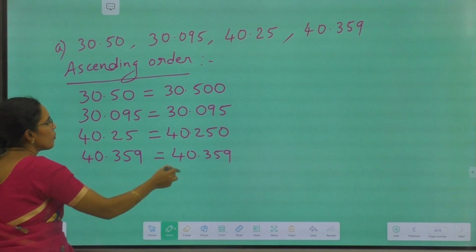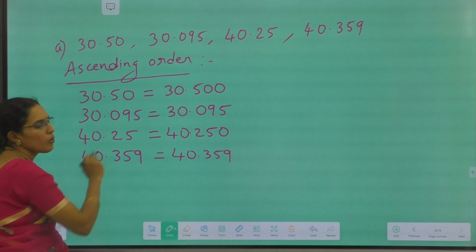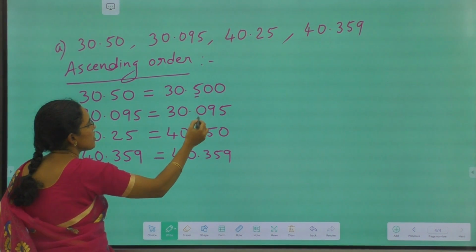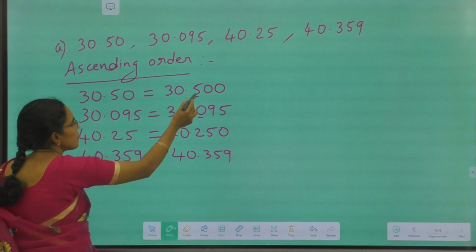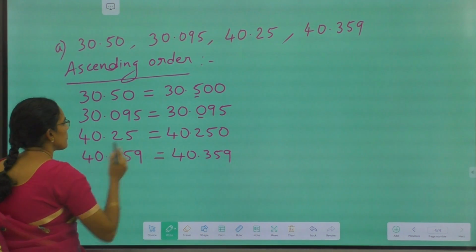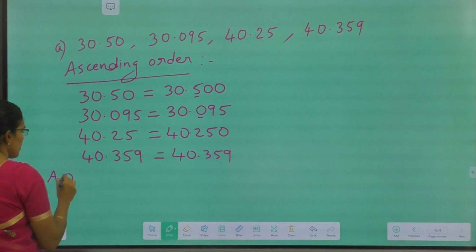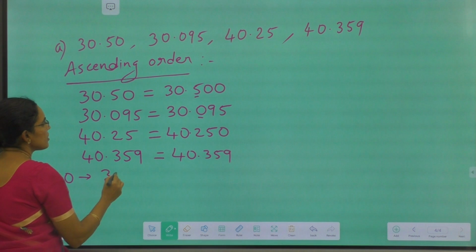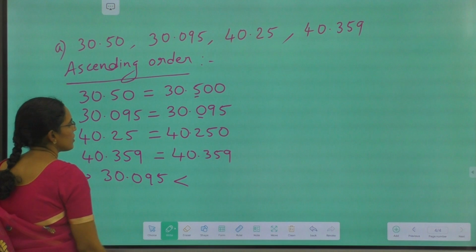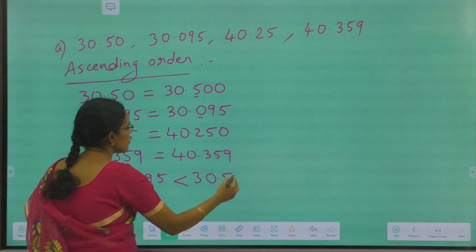Now, first ascending order, small to big. First compare the whole part. 30 is smaller, but 30 appears twice for these two decimals, so the whole part is the same. Then compare the decimal part, that is the 10th place. Here 5 and here 0, which is smaller? 30.095. Now we are arranging in ascending order: 30.095 is smaller than 30.500.